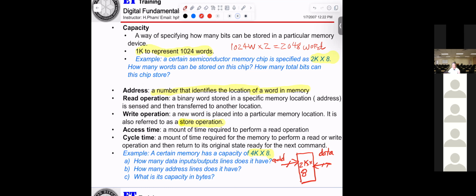That is the first question: how many words? The answer will be 2048 words. The next one, how many bits? That means you have to multiply by 8. That tells you the total number of bits.